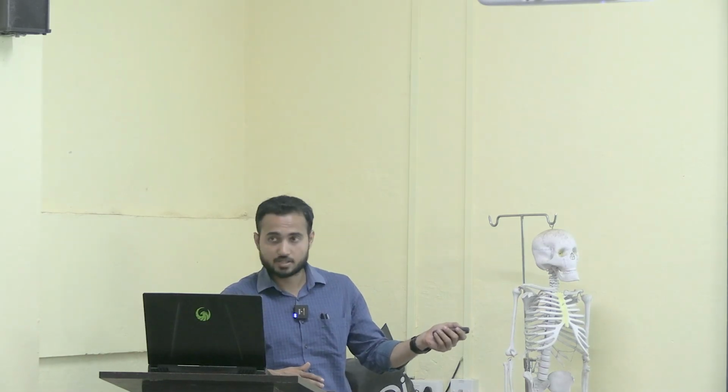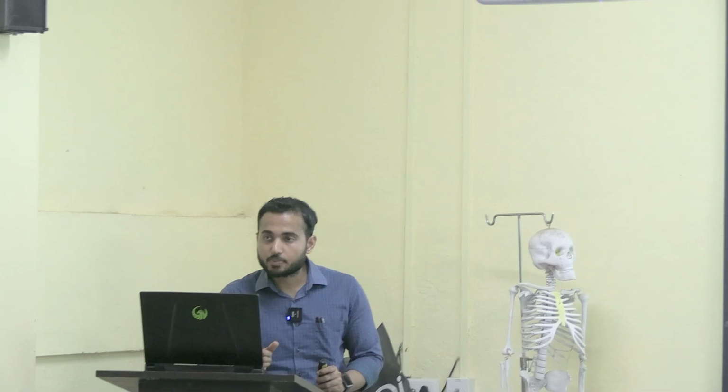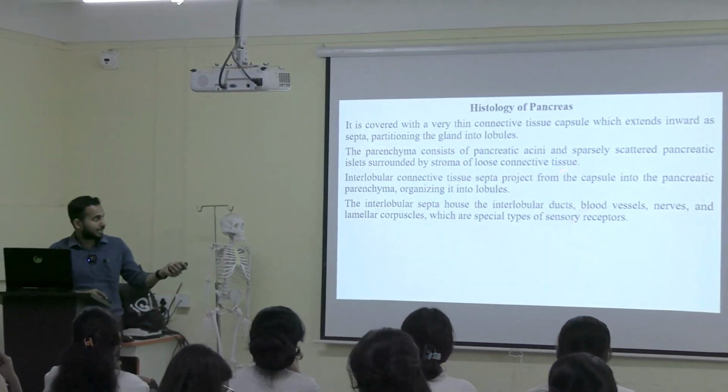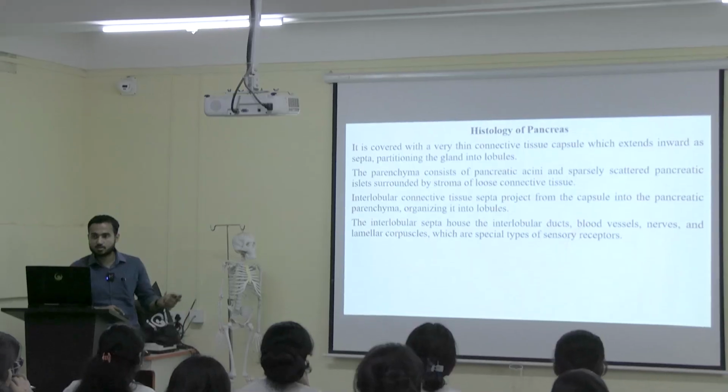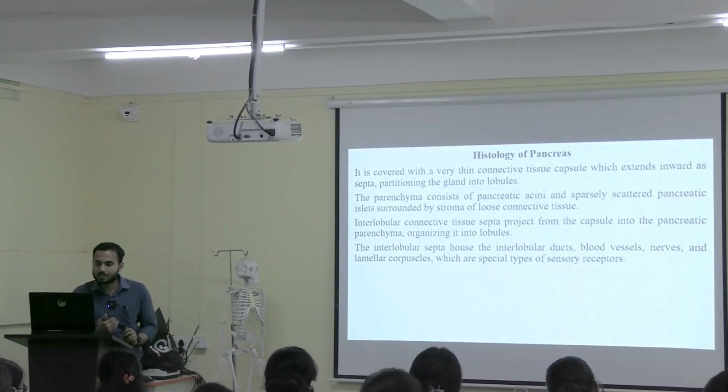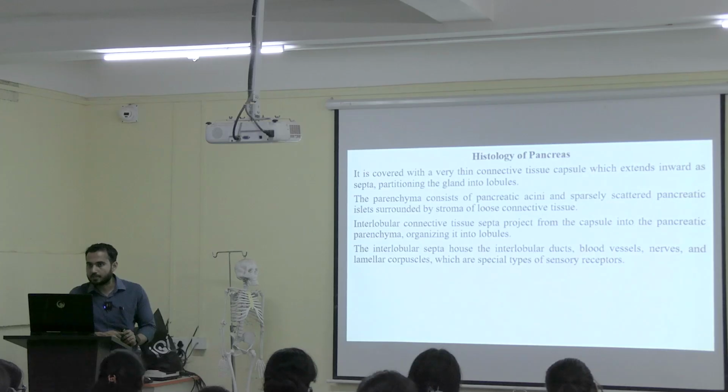First of all, the connective tissue capsule, then septa, along with that blood vessels, nerves, and some important sensory receptors are also present. Another important point which is extending through the septa is the interlobular ducts. Okay, interlobular ducts are also traveling. So this will come under the supporting part.